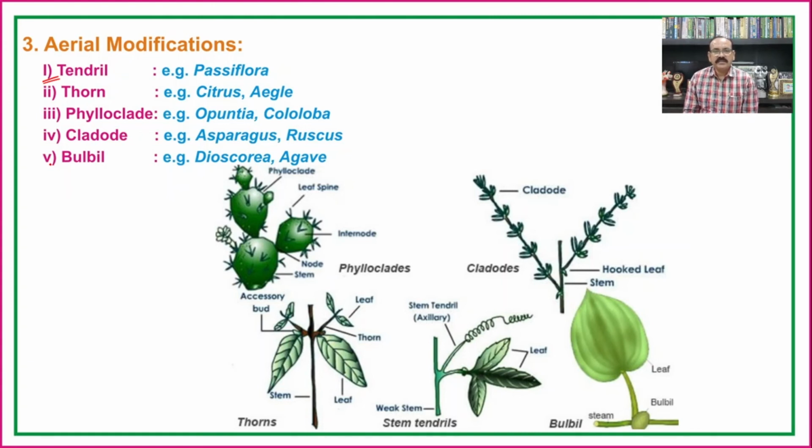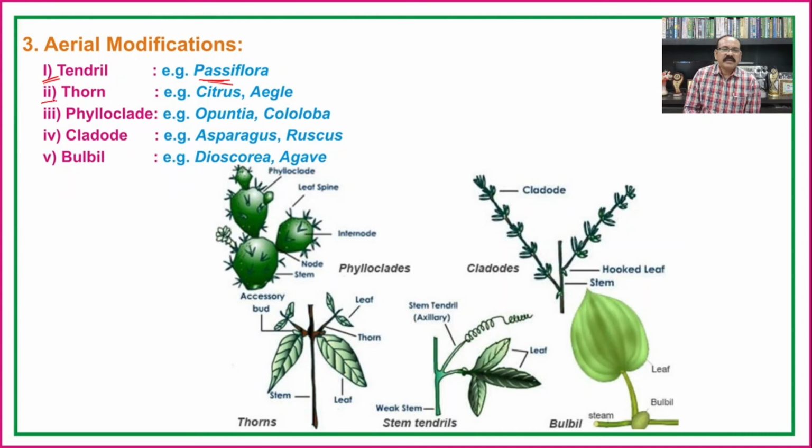There may be stem tendril, maybe the leaf tendril, or maybe the inflorescence or the other part of the flower as a tendril. So the development of the tendril by the stem is found in Passiflora, which is a well-known plant, and that is responsible for the climbing of the plant.